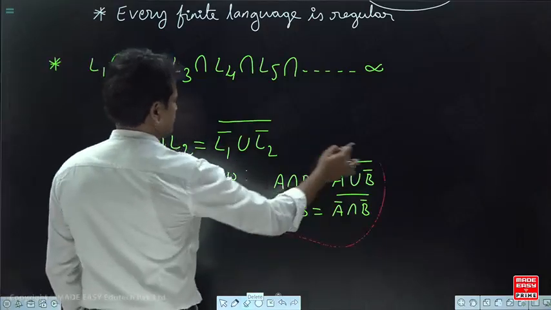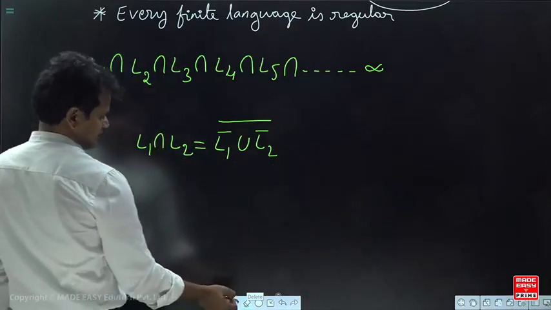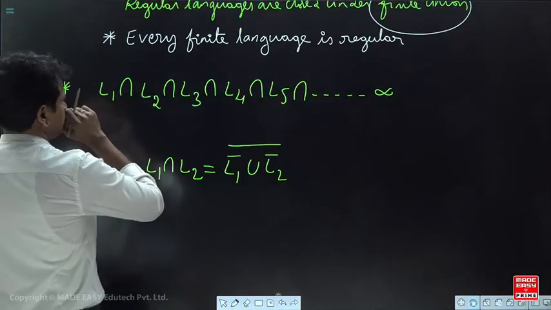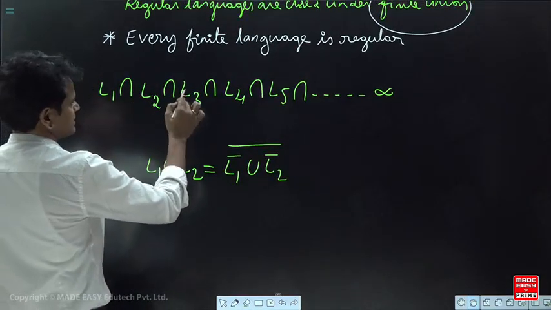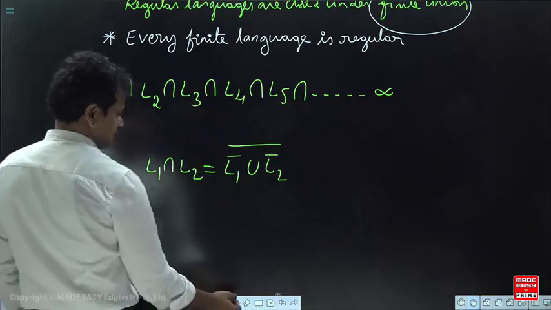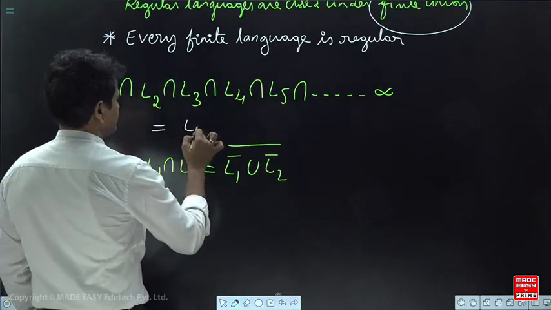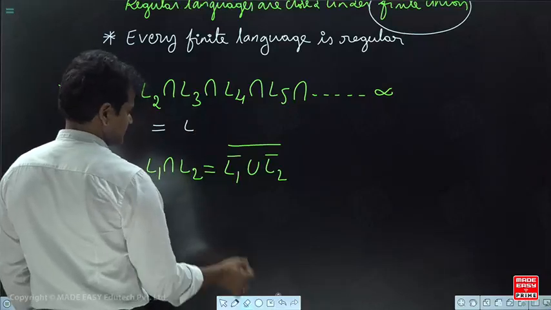I do one thing. L1 intersection L2 intersection L3 intersection, so on. Can we write it like this, using this formula?